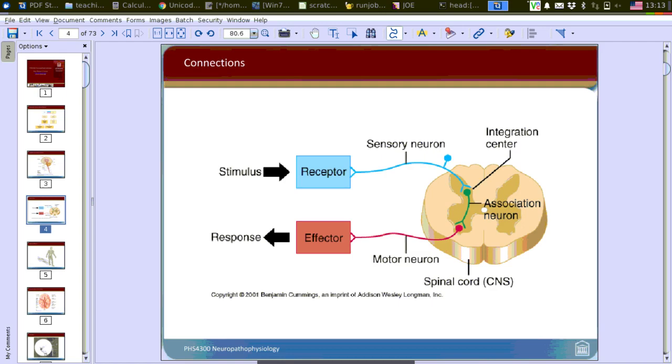We do not know all of the connections of the neurons. It's extraordinarily difficult to identify them. There are a lot of connections. The nervous system contains 10 to 50 billion neurons. But we know for a fact that it's the way that the neurons are connected that determines the function of the network.